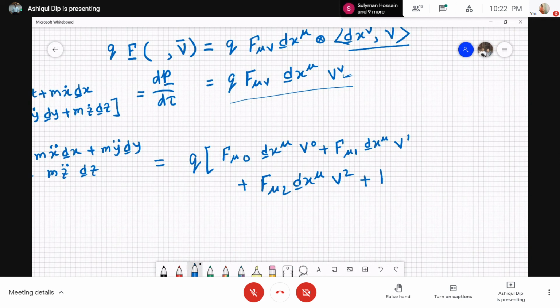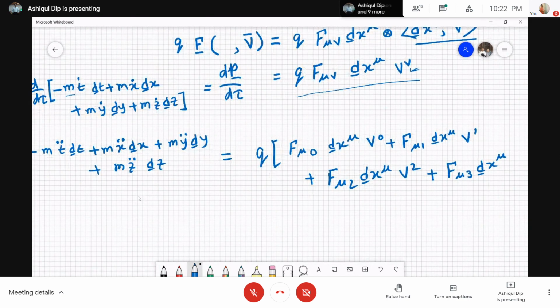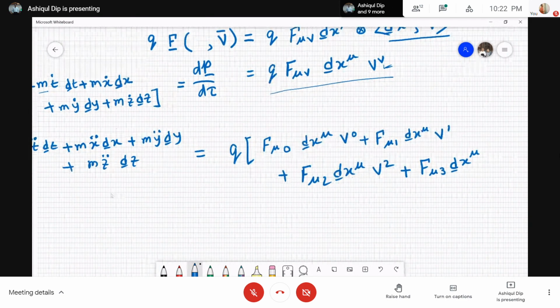Plus f mu 3 dx mu, no, we have to do both, but I think this way it's going to be messy.